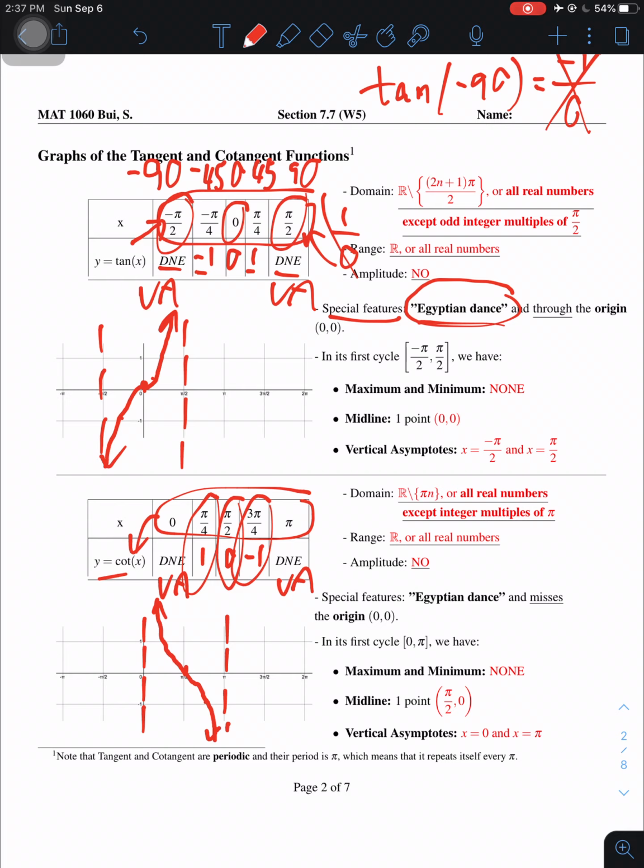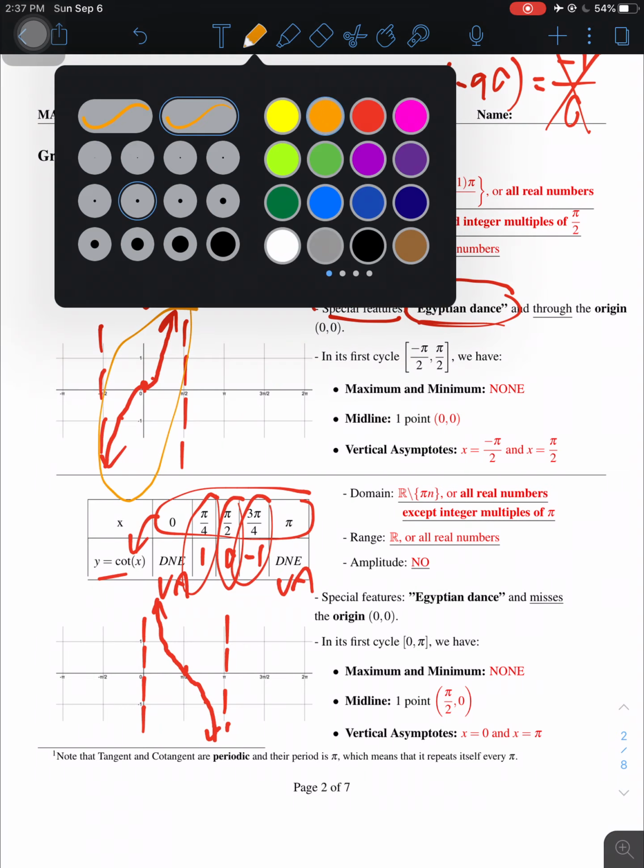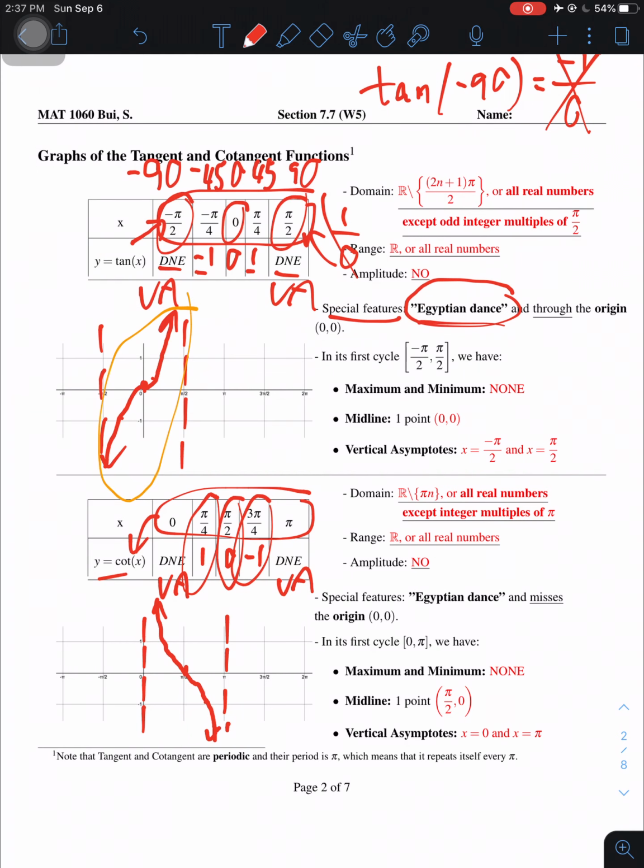And just like the idea of extending the function to both sides, like cosine and sine, you can also extend it, right? So if you copy and paste this chunk to the right hand side, you will see that the next asymptote is pi away, so it should be right here. And then if you copy and paste, the function is going to look like this. And this one, same thing. If you were to have another mark in here, it's going to look like this.